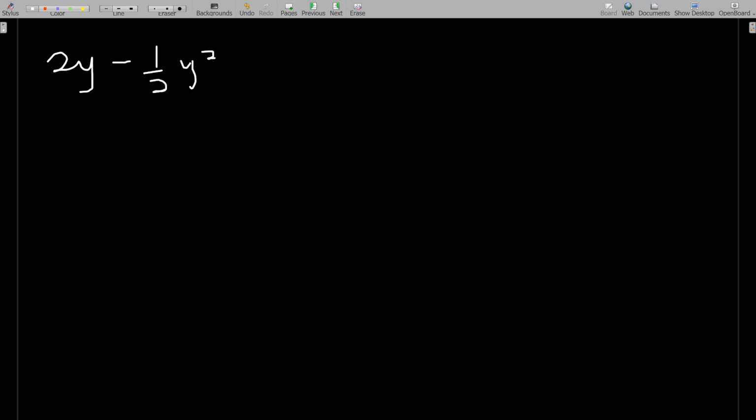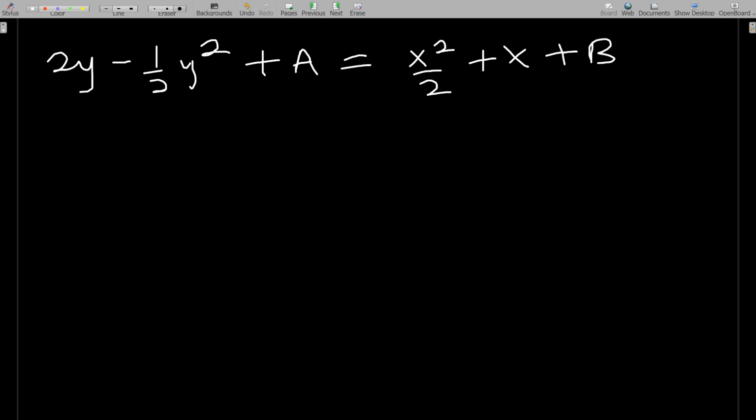Then there should be a constant, since this is an indefinite integral, but let me put it there and I'll explain later. Let's say plus a constant a, and when I integrate x plus 1 on the right side, I get x squared over 2, or half x squared, plus x. Plus another constant, let's say b.